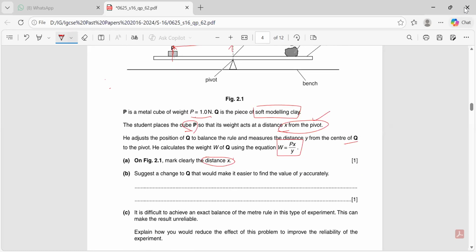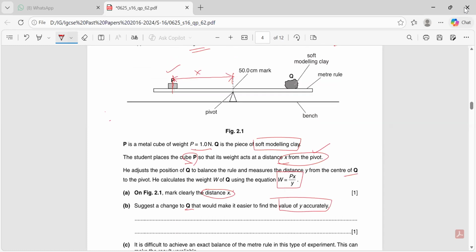Now, a change to Q that would make it easier to find the value of y accurately. The problem is, see the load Q, load P, it is a regular shape. Q is a random shape, irregular shape. So what should I do?